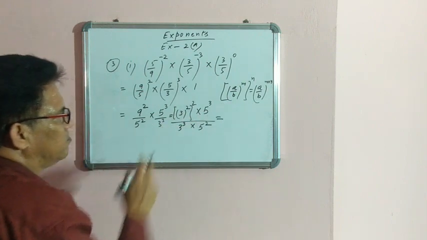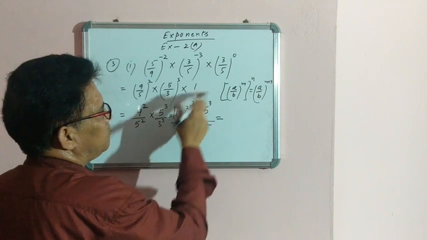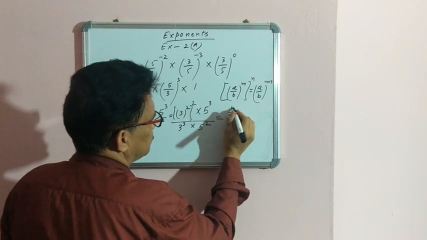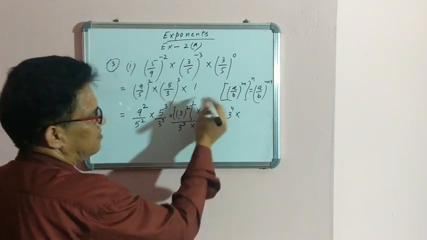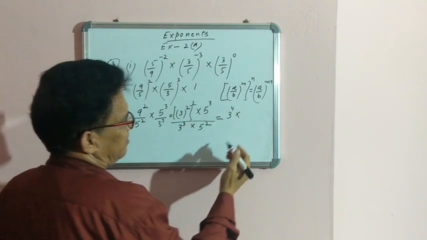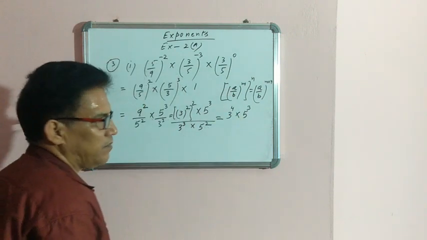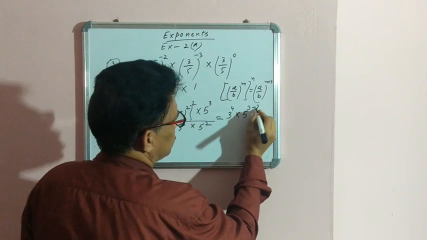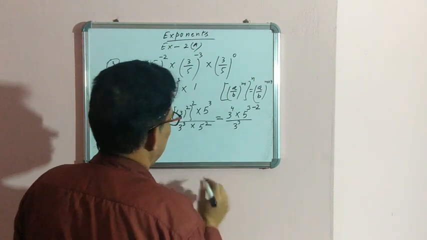The same law we will use here: 3 power 2 power 2 means 3 power 2 into 2, that is 4, into 5 power 3. This is division, so in division exponents subtract: we are dividing by 5 power 2 because this is a denominator, so minus 2, upon 3 power 3.